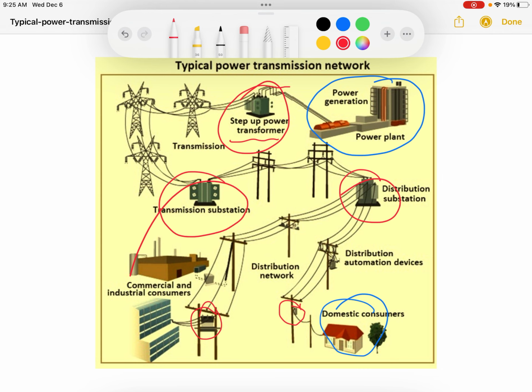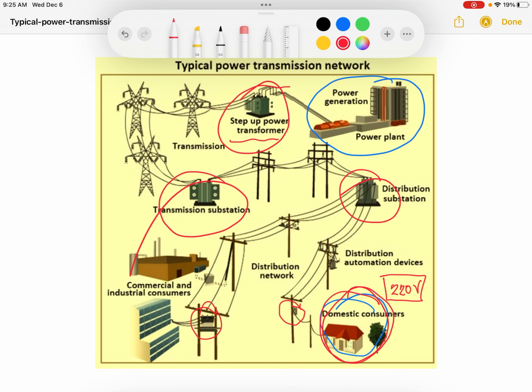Now, at our end, the domestic customers, we need a small value of voltage. That's why we are using 220 volts, so that we could use it in our appliances. That's simply how a transformer works in our power transmission.